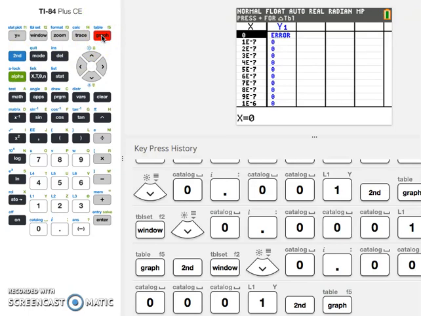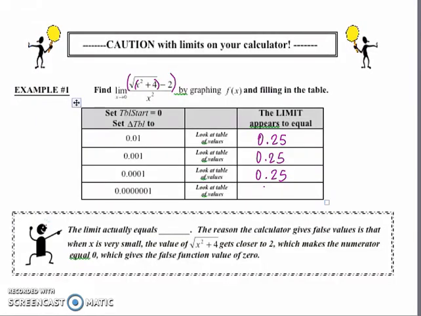And look at that. Now it says something different. Now it says 0. Okay. Well, the limit here actually equals 0.25. The reason the calculator gives false values is that when x is very small, the value of the square root in our function, the value of x squared plus 4, gets closer and closer and closer to 2.